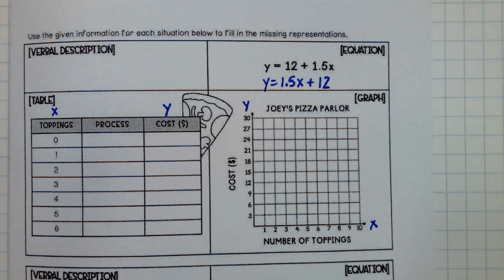So the slope represents the dollars per topping. How much money is it per topping? $1.50. You see how we figured that out? Okay, it's $1.50 per topping. What do you think the 12 represents?